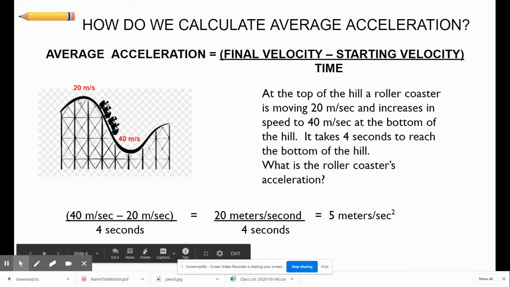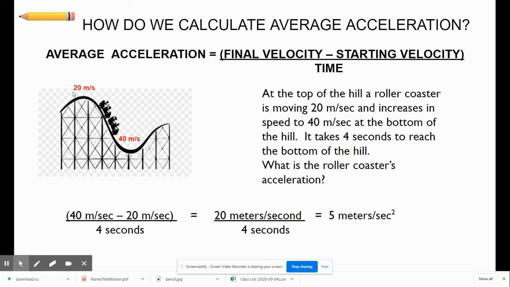So remember now, I'm going to take its final velocity. I'm interested from this point to this point. So it was going 40 meters per second here. I subtract how fast it was going when it started, at the point I'm interested in.